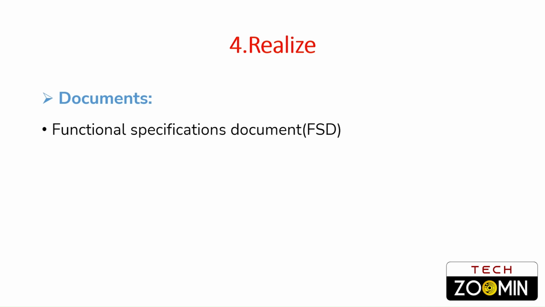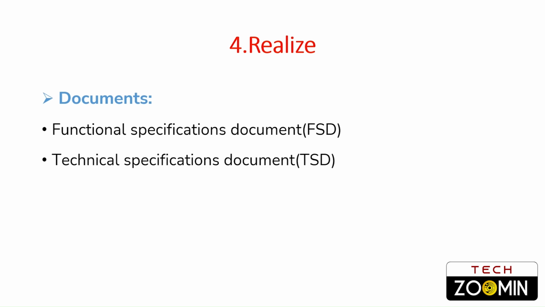Next, coming to the document preparation in the realization phase, we have four documents. First one is FSD, that is functional specification document. During configuration, we prepare the FSD as a functional consultant. If you require the help of an ABAPer for a client requirement, then we prepare the FS document. Next one is TSD, that is technical specification document.